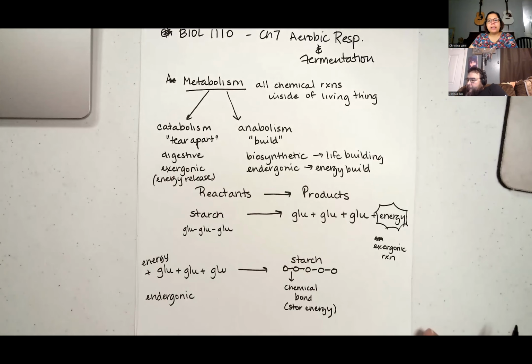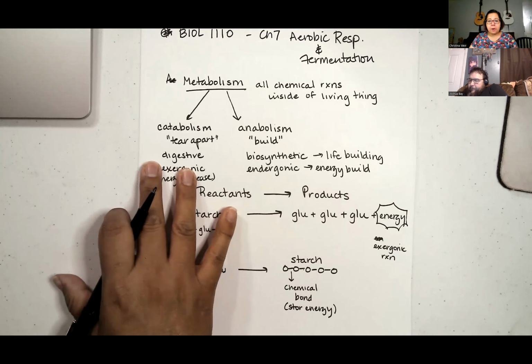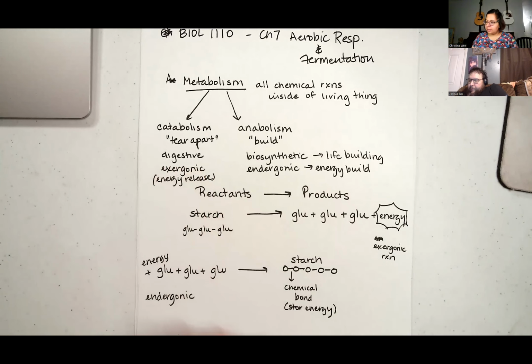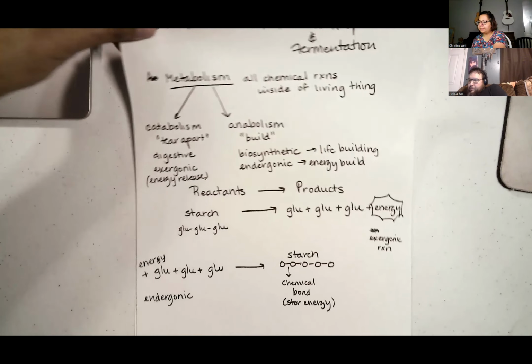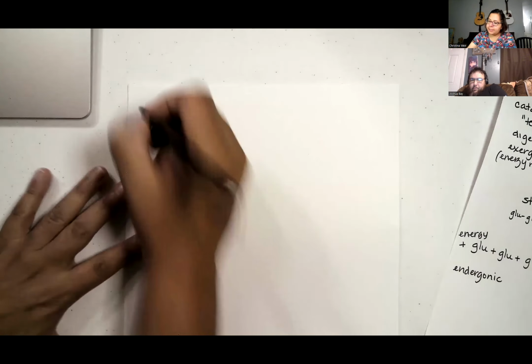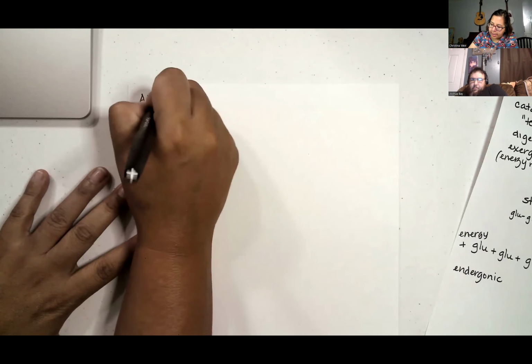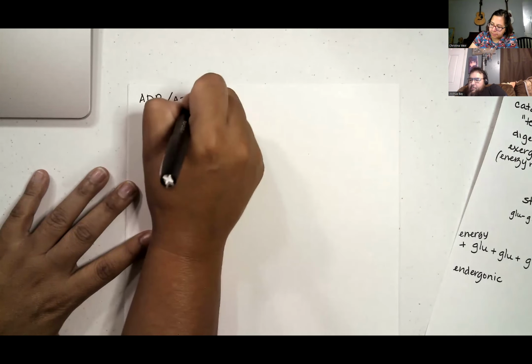So what we're going to find in metabolism is that we couple a lot of reactions, meaning we put reactions together, some that are going to tear things apart so that we can get the products that we need in order to put other things together. A good example of that is going to be the ATP cycle.